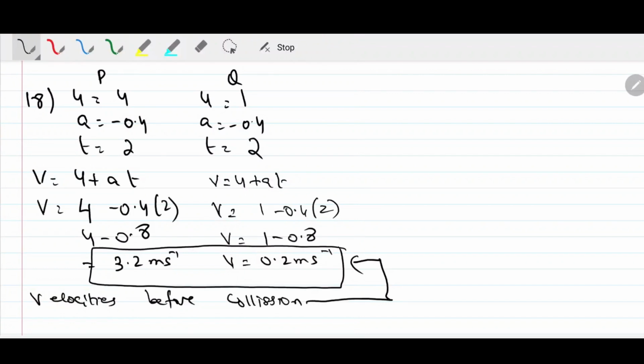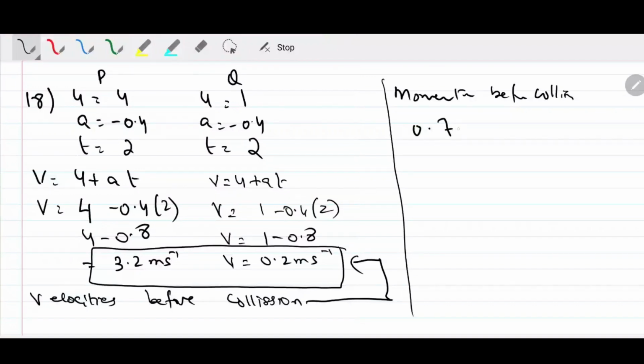Now you are told that after collision the particles coalesce and the speed of the combined particle immediately after collision is to be found. So momentum before collision: mass is 0.7, velocity is 3.2, plus 0.3, velocity is minus 0.2.